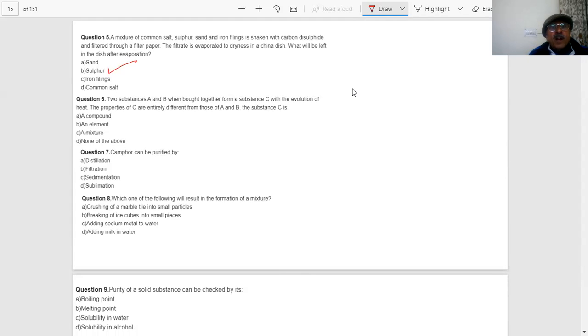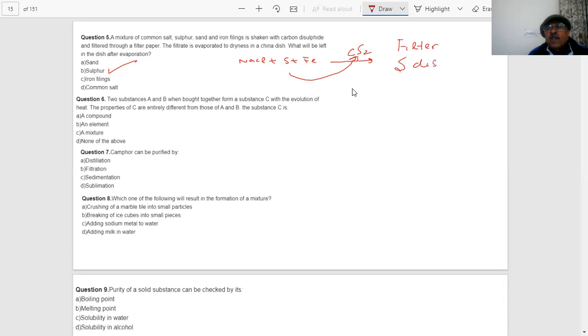So you have common salt, which is NaCl, sulfur and iron filings, and you put in carbon disulfide as a solvent. Filter. What will happen, student, when you filter? Okay? In the carbon disulfide, only sulfur will dissolve.